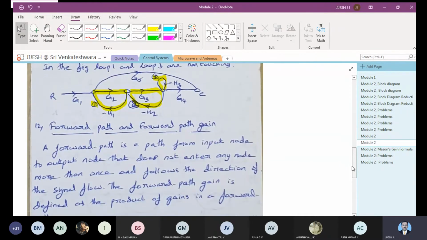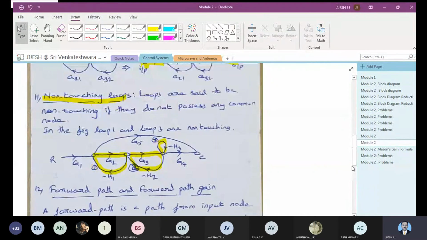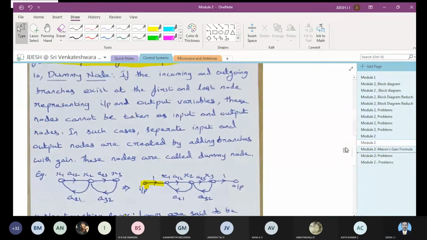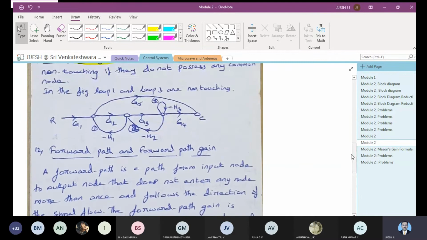All of you have this figure. First we will define the forward path and then the forward path gain. Can you say the forward path here? How many forward paths are there? As you say, I will keep marking it. If I start from here, how many forward paths are there?